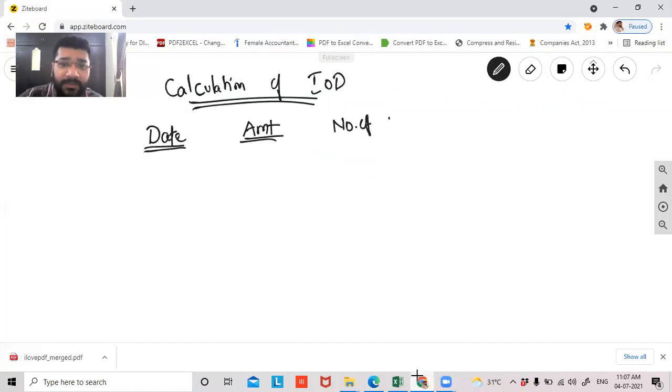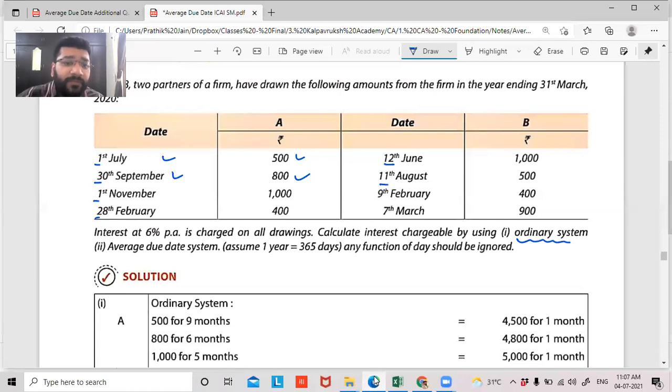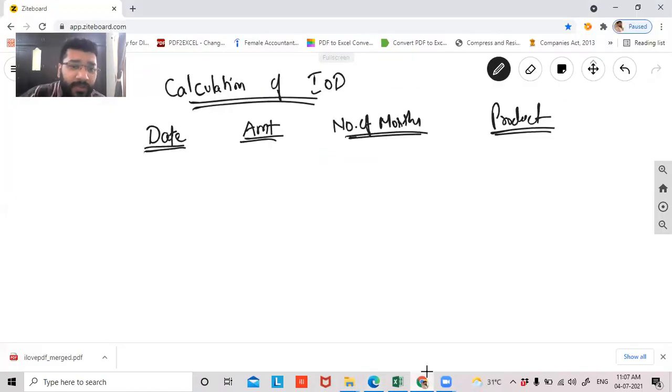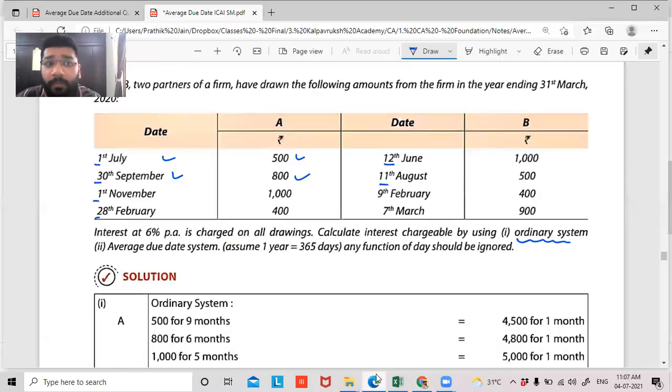So, guys, number of months. Finally, product. Now, guys, the date of drawing is 1st July. This is the normal system that we have learned in the partnership chapter. We're doing the same method now.